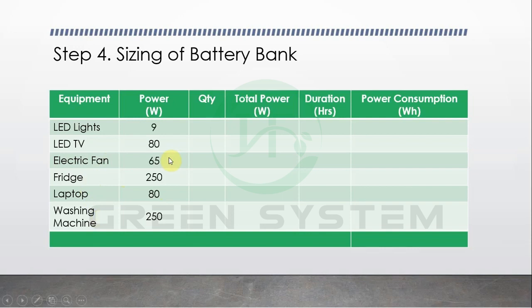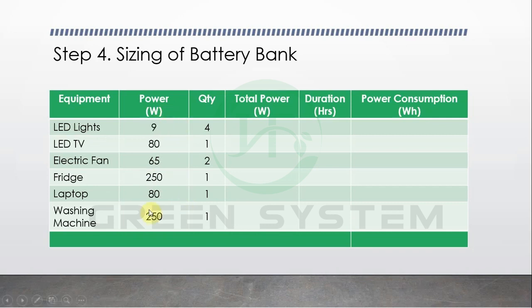Next, we list down the unit power for each of our appliances. Next step is to list down the quantity for each of our appliances. For example, we have 4 LED lights, 1 TV, 2 fans, a fridge, a laptop, and a washing machine.